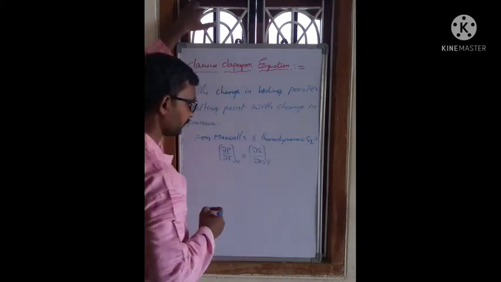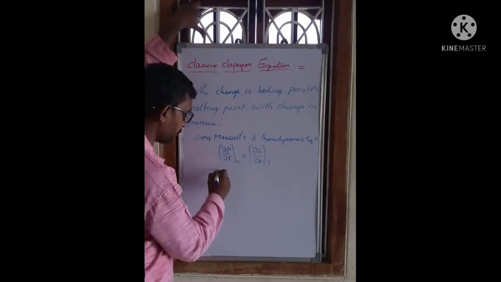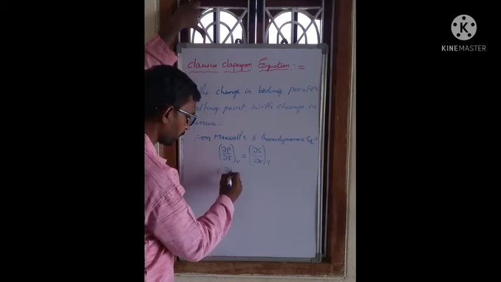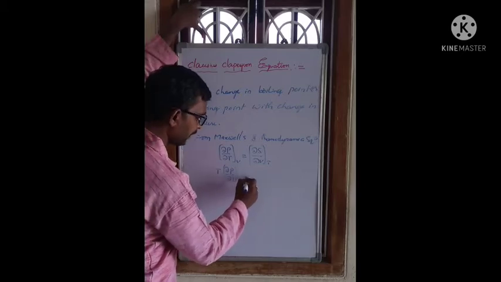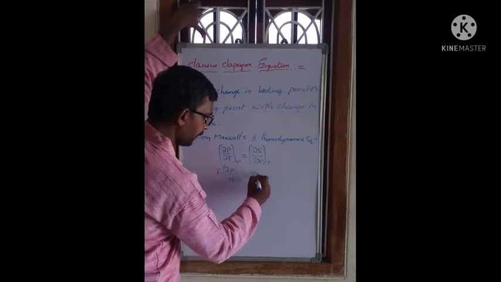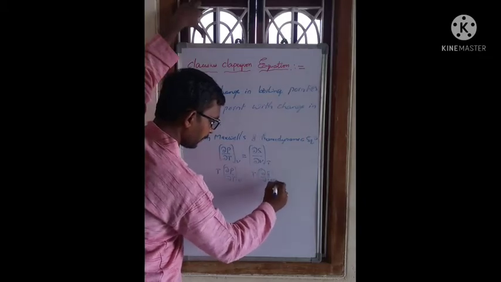We know very well about this equation. Now multiply with T on both sides. We get T ∂P/∂T at constant V equal to T ∂S/∂V at constant T.